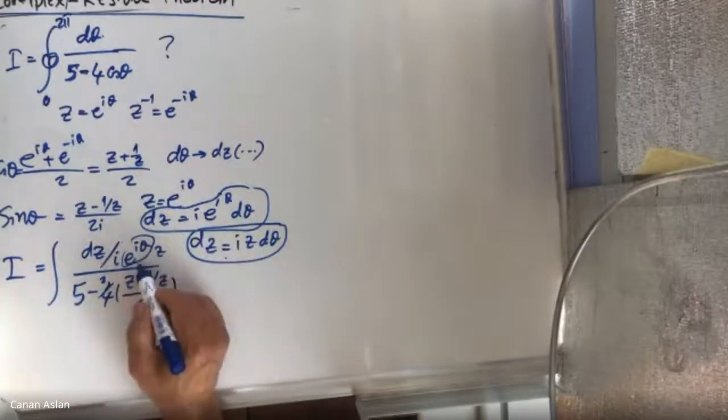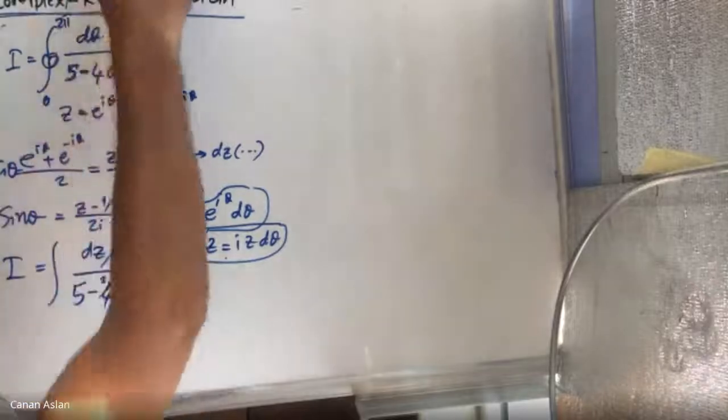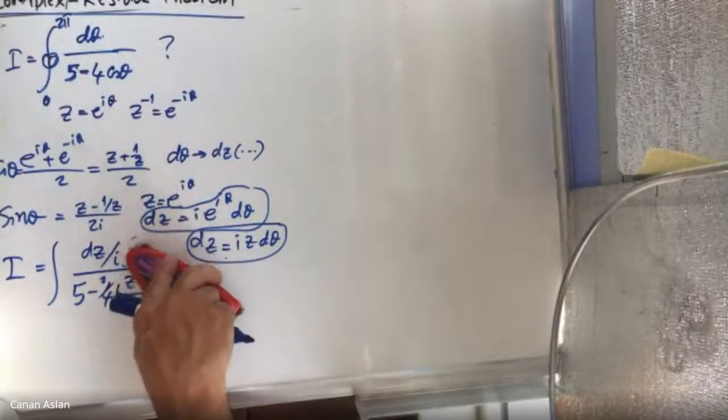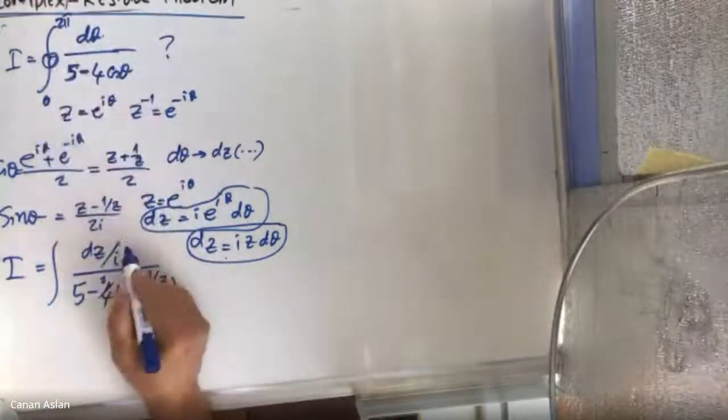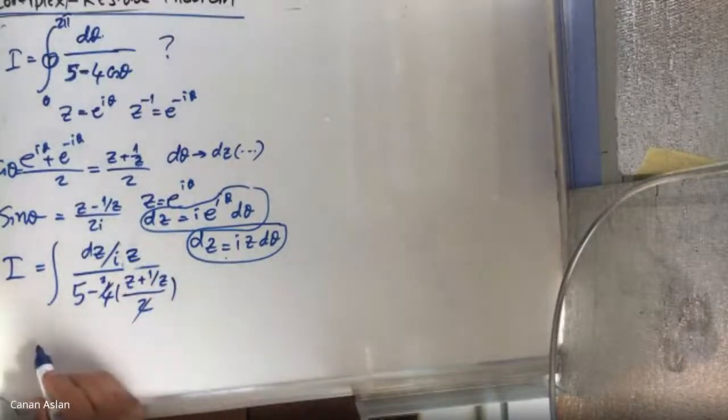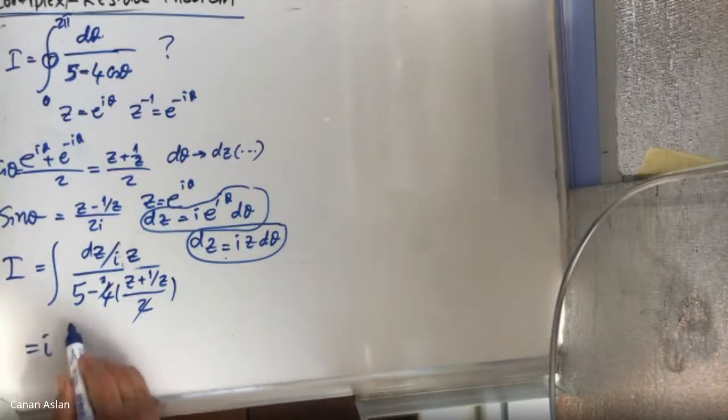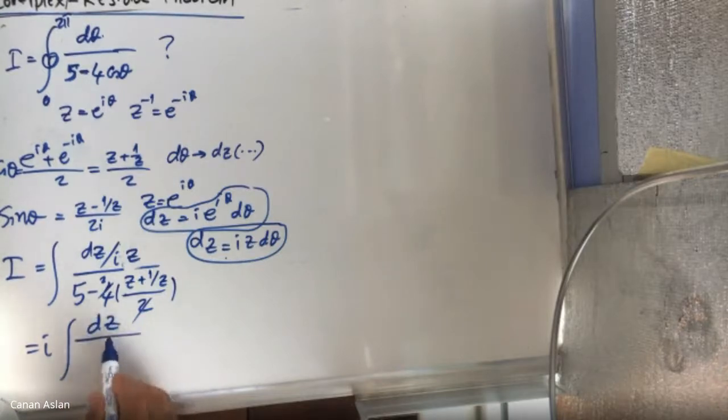So we have everything written as z, and we replace this by i z in the denominator. Now if you multiply everything, this is the integration you will get. It will be equal to i times the integral of dz divided by 2z squared minus 5z plus 2.